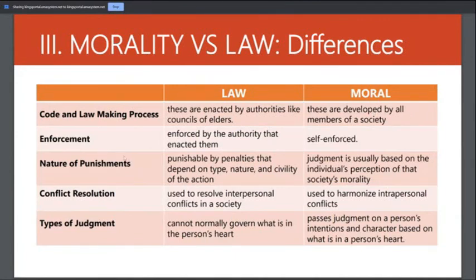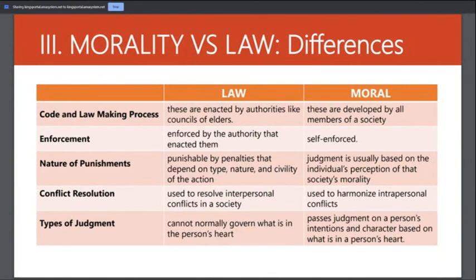When it comes to enforcement, law is enforced by the authority that enacted it, while moral is self-enforced. Nature of punishment: law is punishable by penalties that depend on the type, nature, and severity of the action, so that depends on how severe the violation you've made.